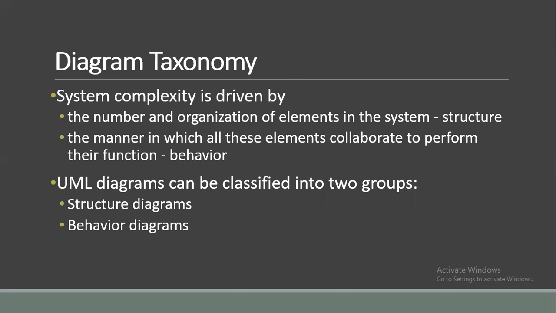We know system complexity can be driven by the system structure, the number and organization of the system components or elements. The structure is the way the elements in the system are organized, and also the count of these elements.